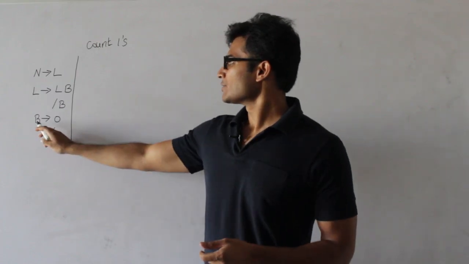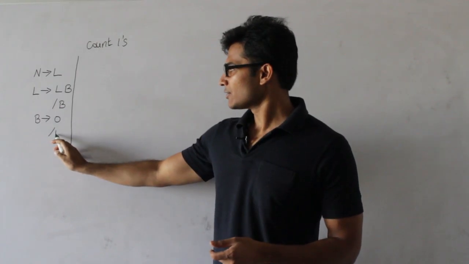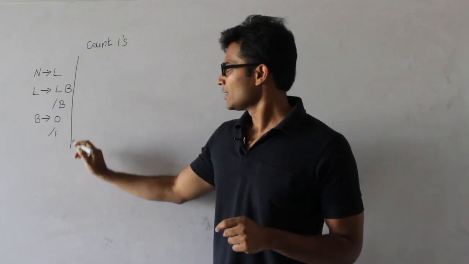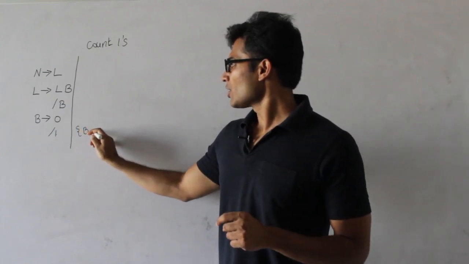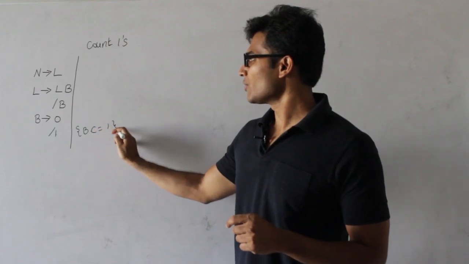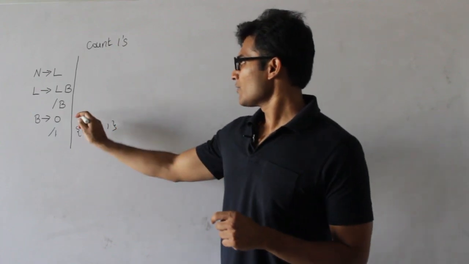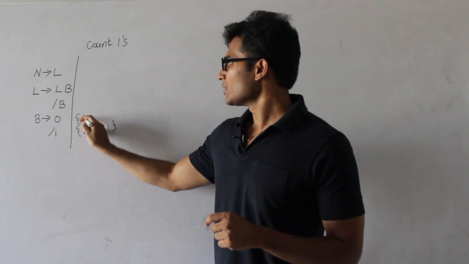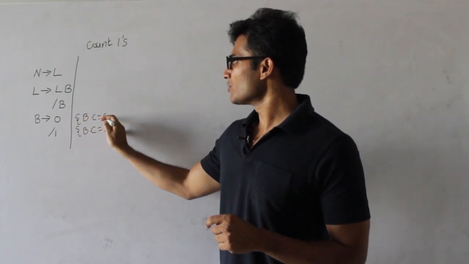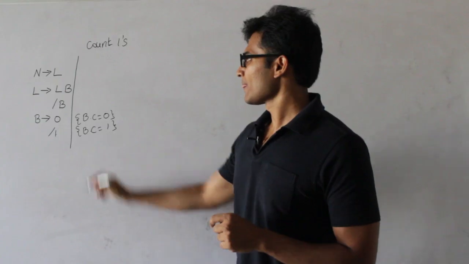So I'll write like this: whenever bit is 1, then we have seen 1, right? Therefore b dot count equal to 1. I am counting number of ones. Whenever the bit is 0, then b dot count equal to 0, which means I have not seen any ones.